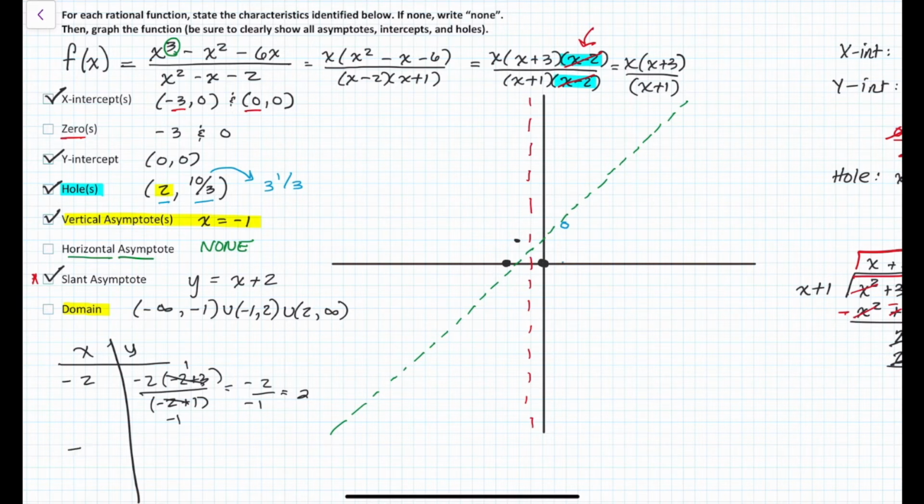And if you want to, you can plot another point, say further left, like -10. That's always, 10's always an easy number to use. So if we plug that in here, let's see, we're going to get 70 divided by -9, which is a big negative number.